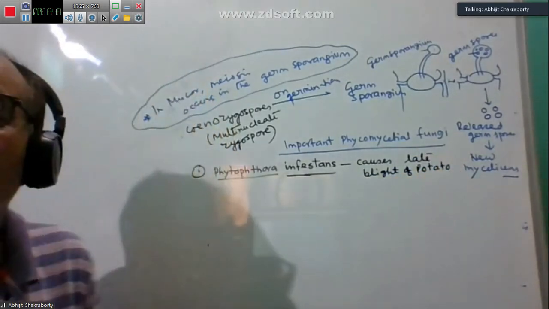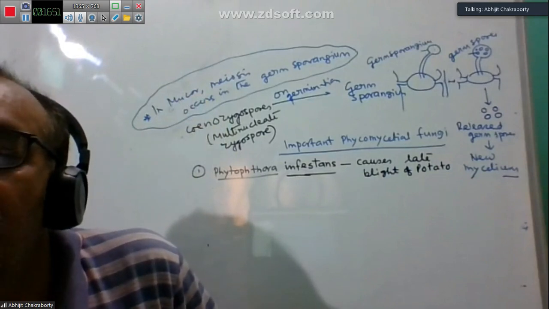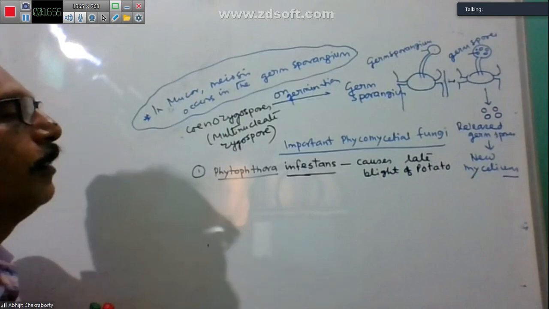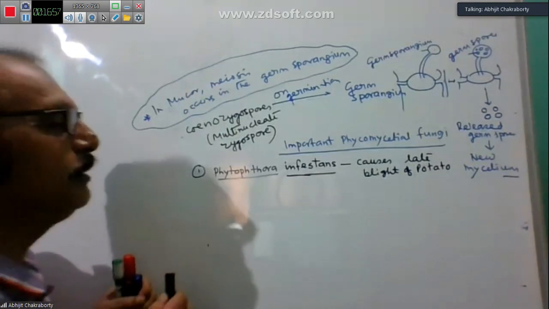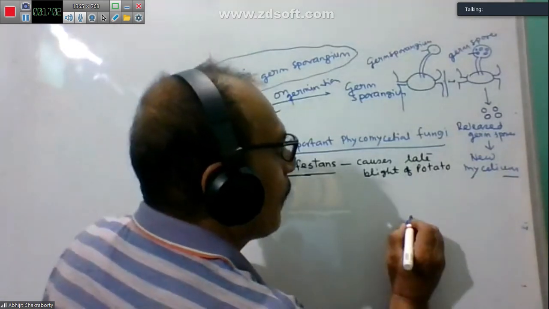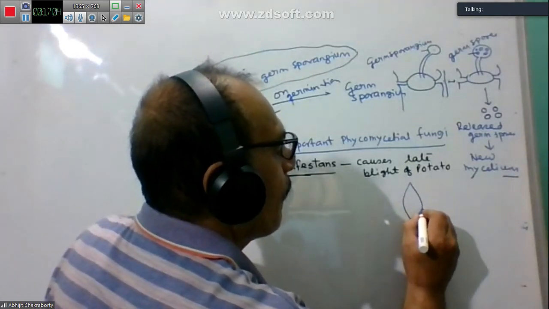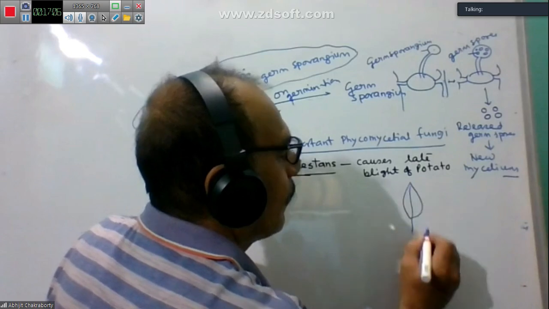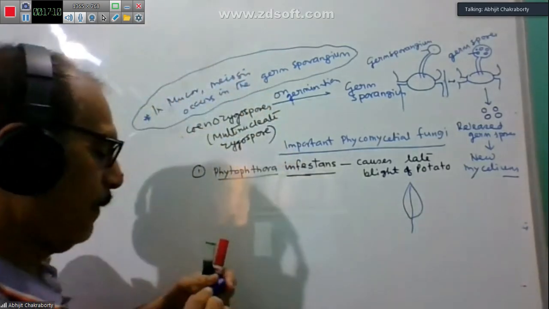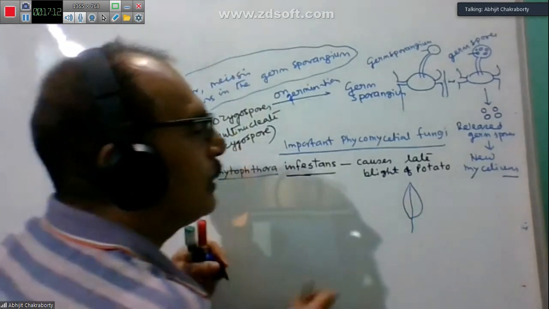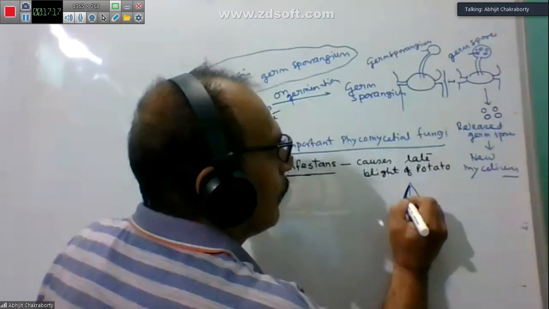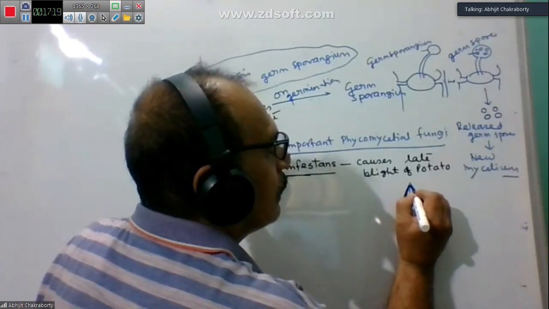It causes late blight of potato. What is late blight of potato? You see, if it is a potato leaf, you will get some black patches towards the periphery. This is the blight. The cells and tissues are dead there.